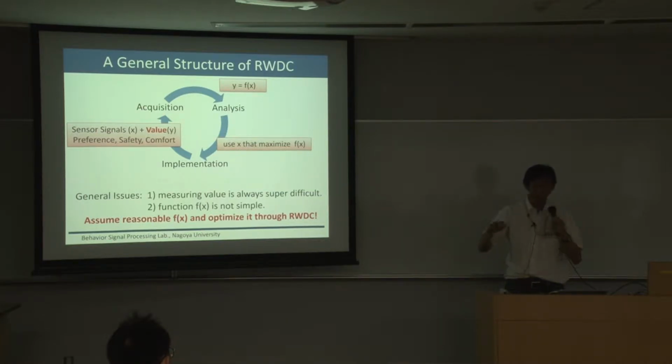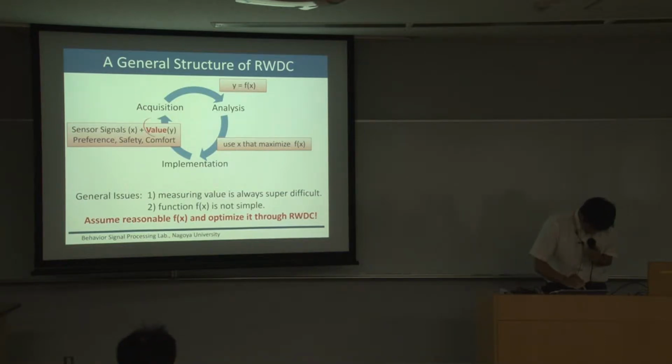But for you, maybe other things would be very important. So the value is very important. This is a crucial idea. And I will mention a little bit about this in the next slide. That is for the introduction of the real-world data circulation program.